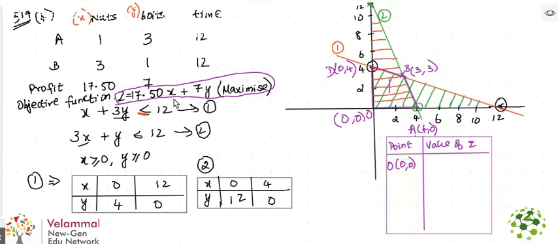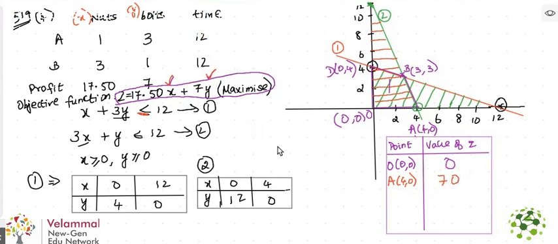So if I substitute 0 for x and 0 for y, I will get the answer as 0. Now, what is the second point? The second point is A, 4, 0. So I substitute 4 for x and 0 for y. I get the answer as 70.